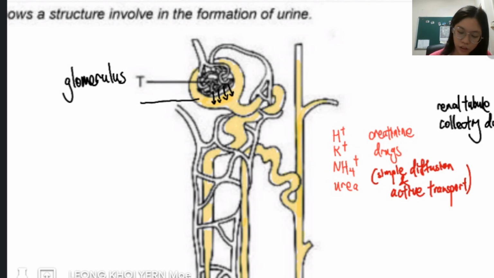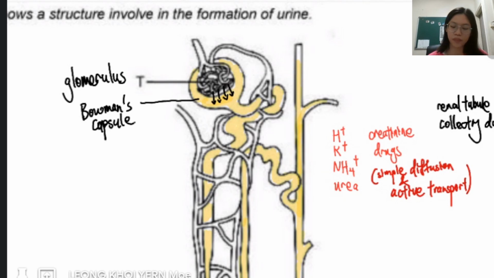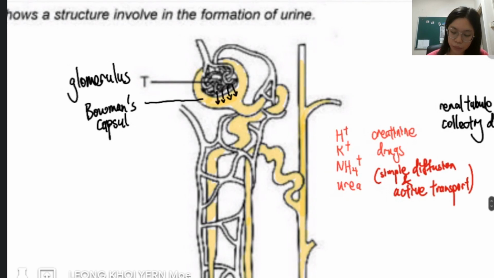So this one is called the Bowman capsule. Some of the fluid gets to pass through it and becomes glomerular filtrate. I'm not going to mention that in detail first.